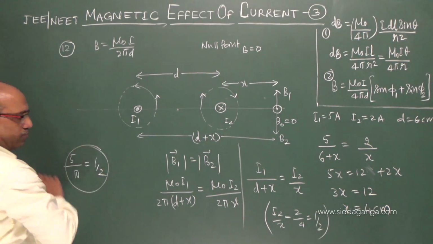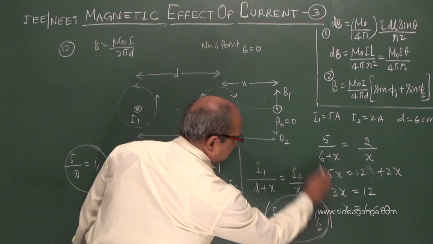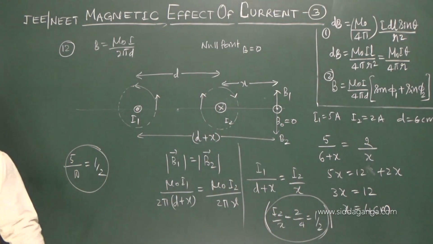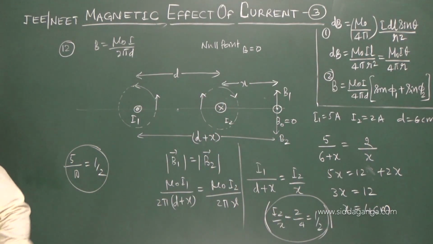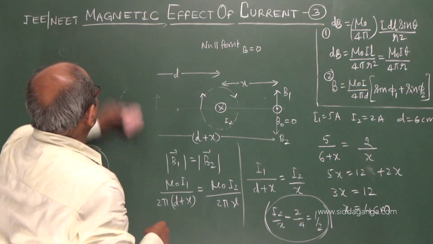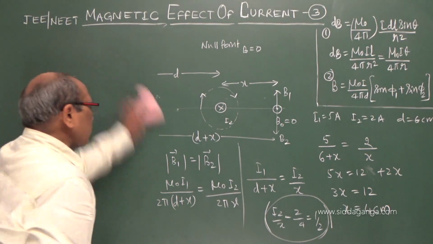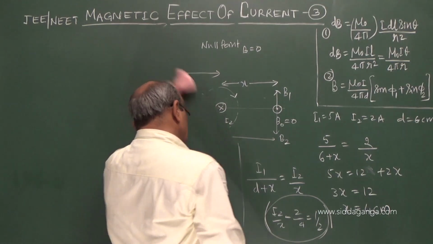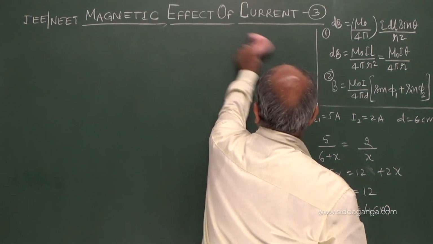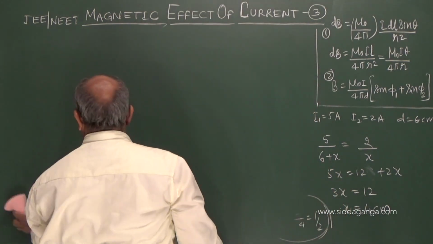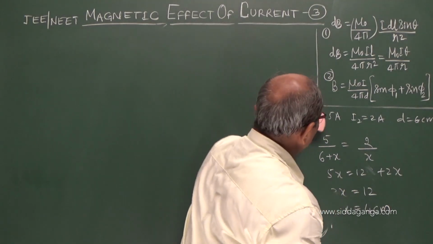Both give 1 by 2, so the null point is there. That is how we got the value. Sometimes they may ask the nature of the magnetic field curve when the two conductors are carrying the current in the same direction.